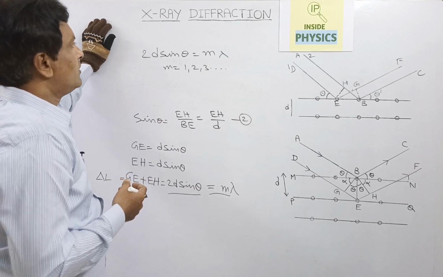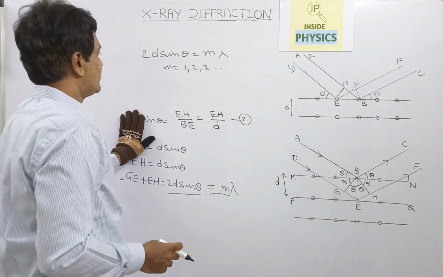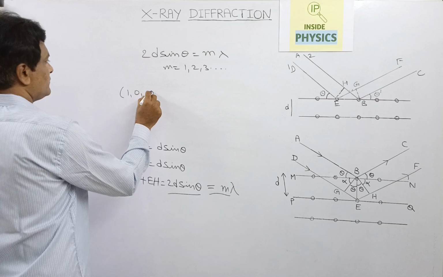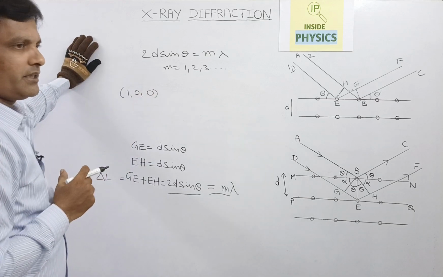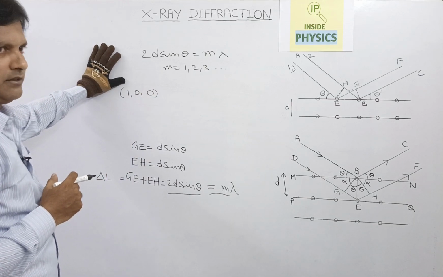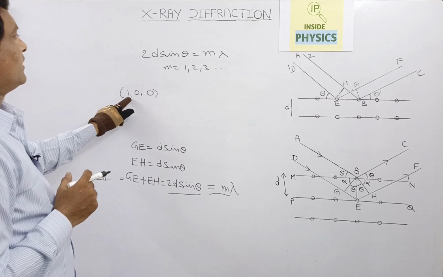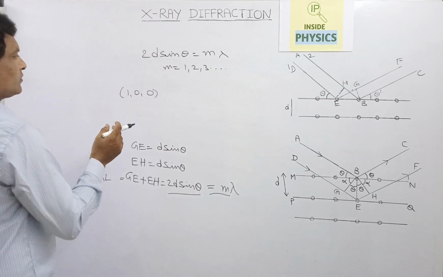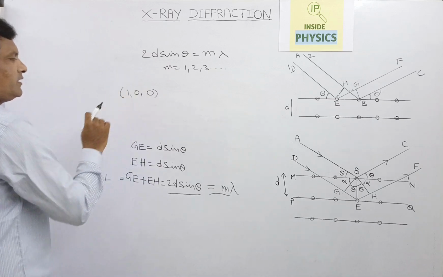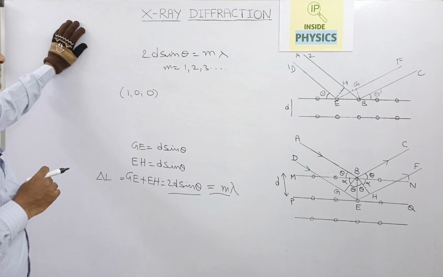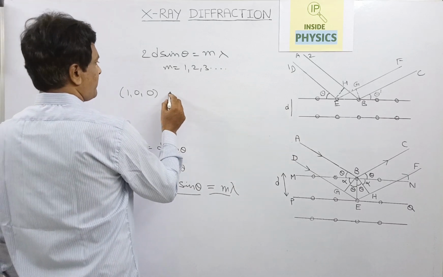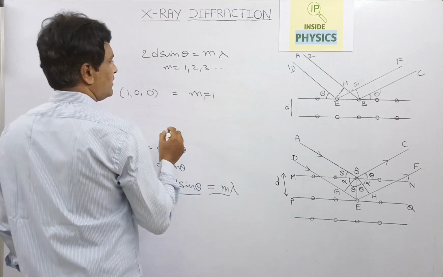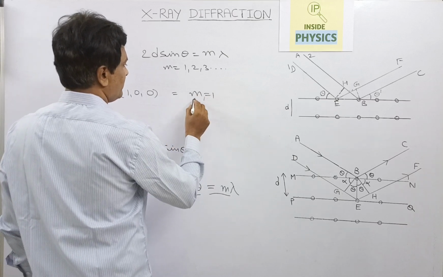If we consider as an example the plane 1, 0, 0, that means the reflection is being done from the first plane. It is the plane which we take on the x-axis. If the incidence and reflection are considered with this plane, then for m is equal to 1, there will be a path difference of lambda.